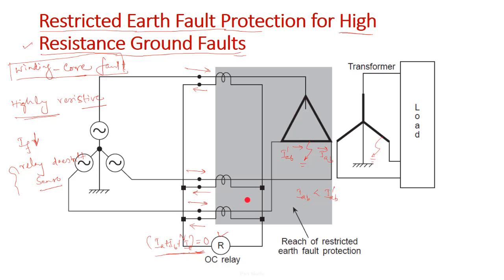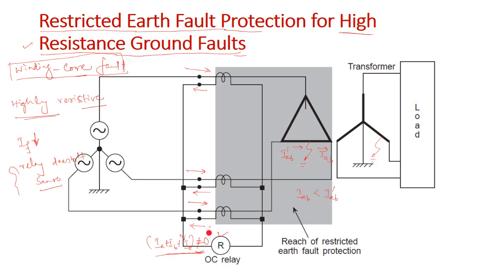Now the current here will become unbalanced in such a way that your IA plus IB plus IC will not be equal to 0, because some current is flowing here in the ground, to the core.